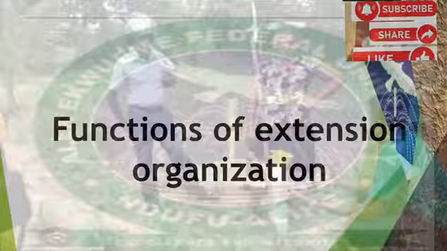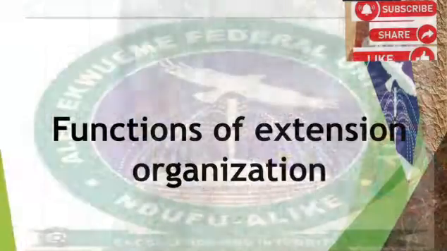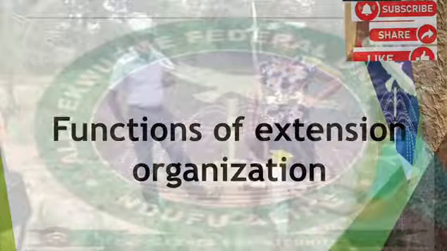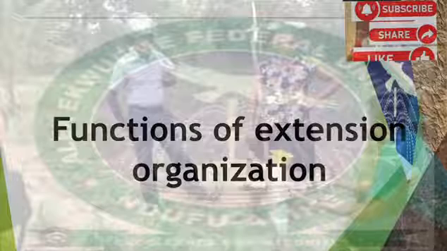Extension organization goes into division of labor, ensuring that every member of the organization aligns him or herself to a certain task, and as the individual gets involved in such tasks, he is not distracted by other responsibilities or assignments.